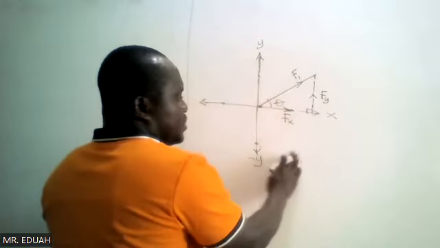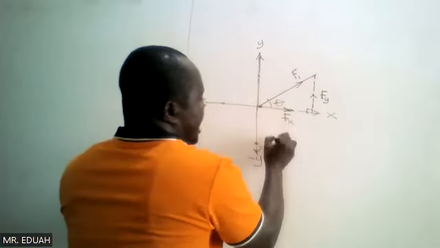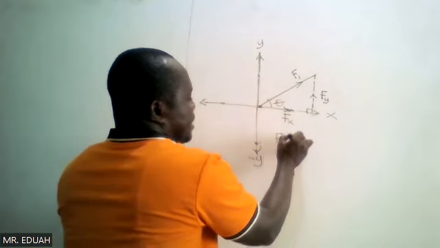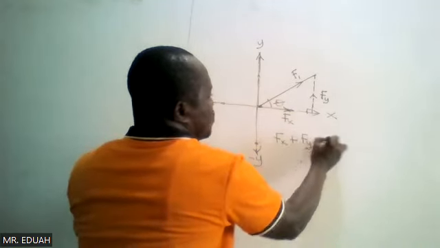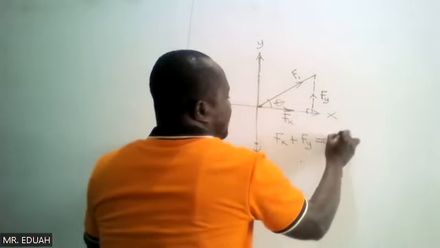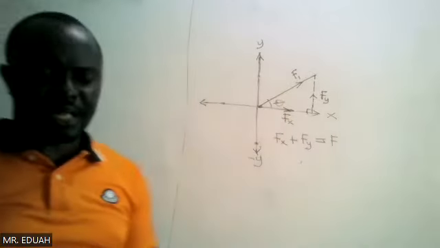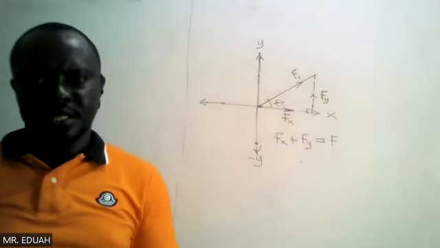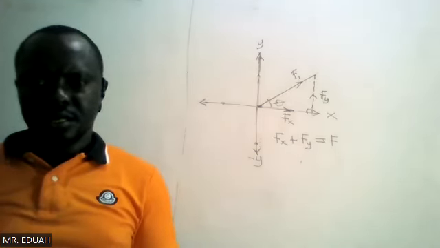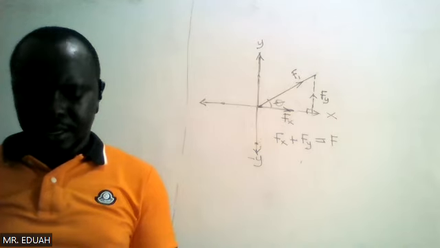From this we could deduce that Fx plus Fy is equal to F, by the triangle law of vector addition. Are we okay?